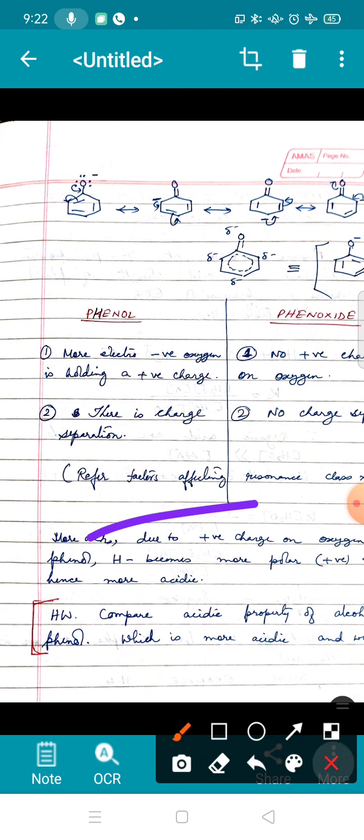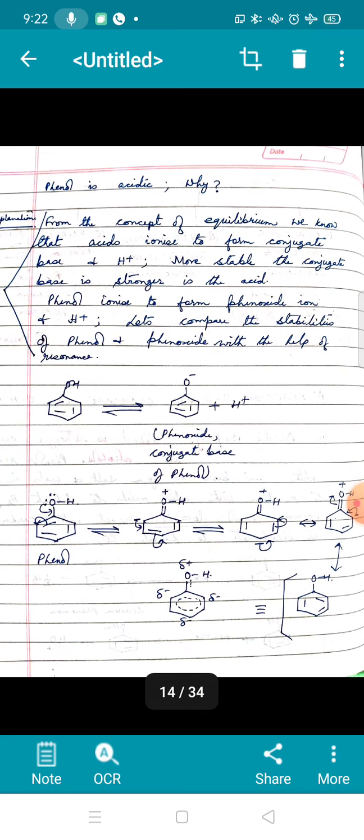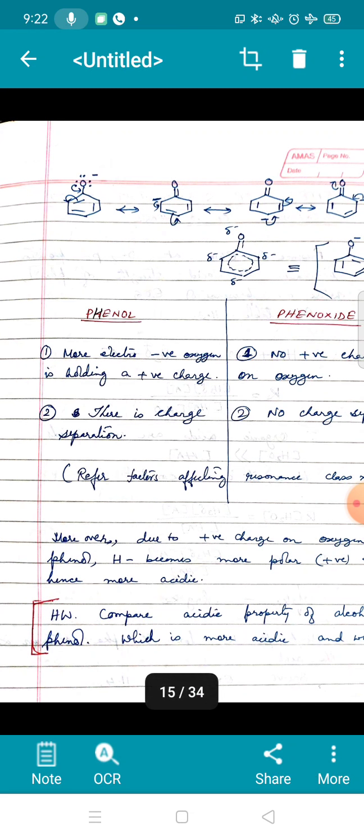But in phenol we find that oxygen, being more electronegative, is holding a positive charge and carbon, being less electronegative, is holding a negative charge, which according to the conditions of resonance does not impart much stability. But in phenoxide we find that oxygen develops a negative charge, but it never develops any positive charge. So combining these two effects, we find that phenoxide is more stable than phenol.